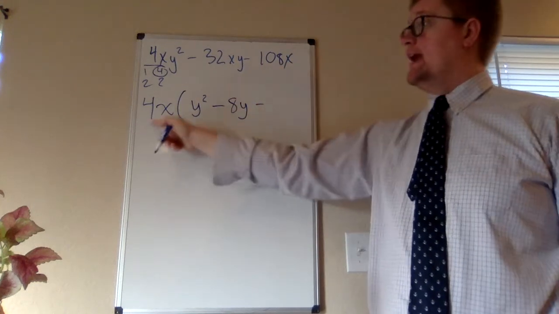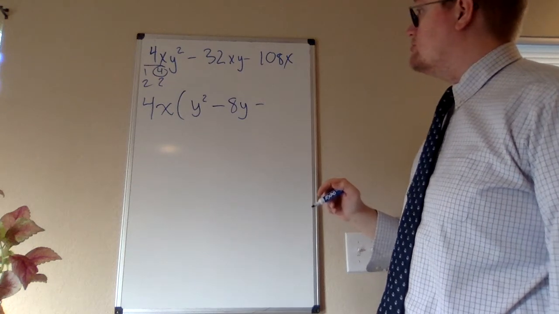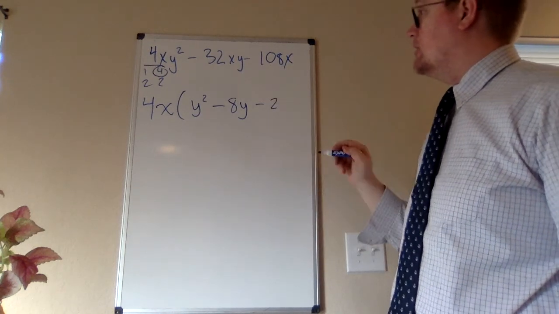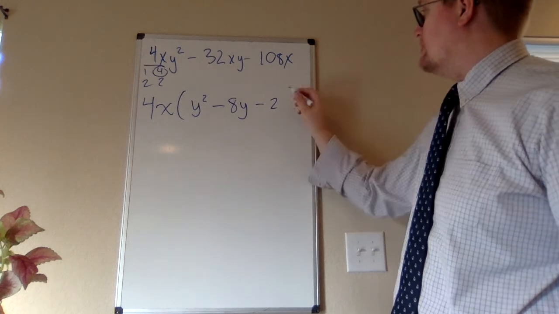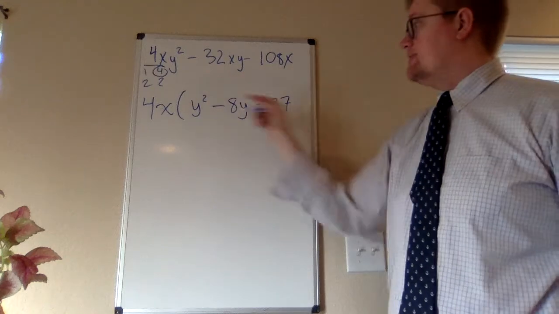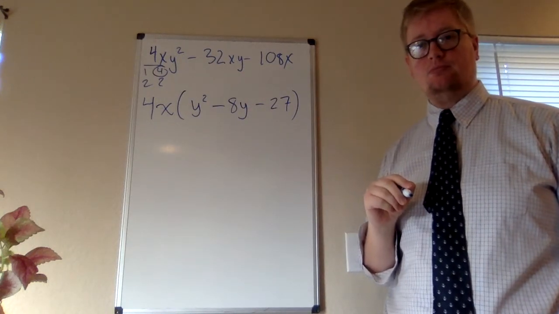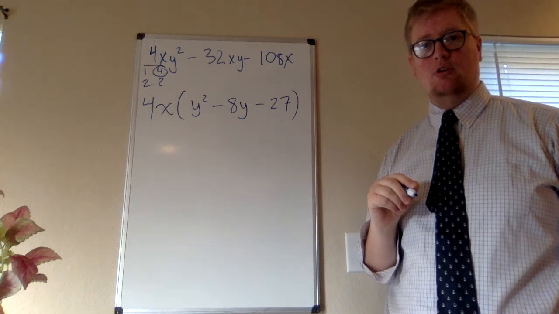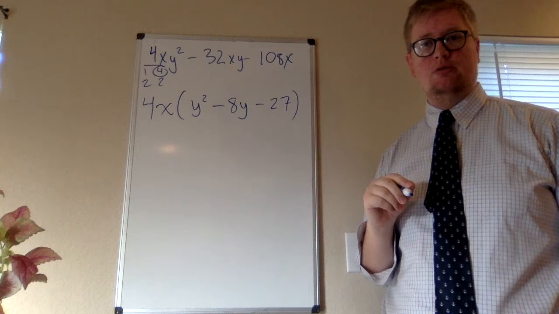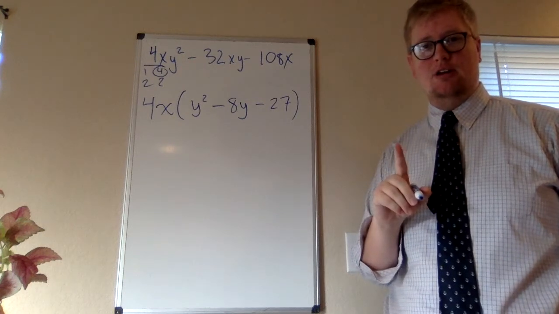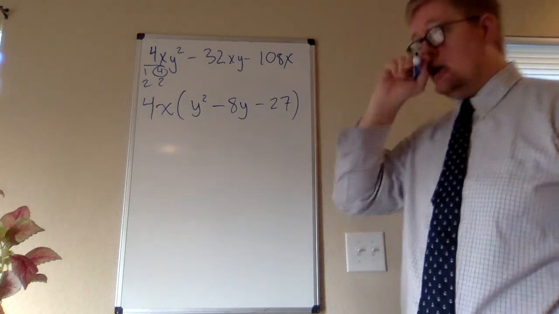Minus 108 divided by 4 is 27. And that x gets factored out, and that's what I'm left with. Sorry, I'm checking my math. 80 plus 28. Yeah, okay.